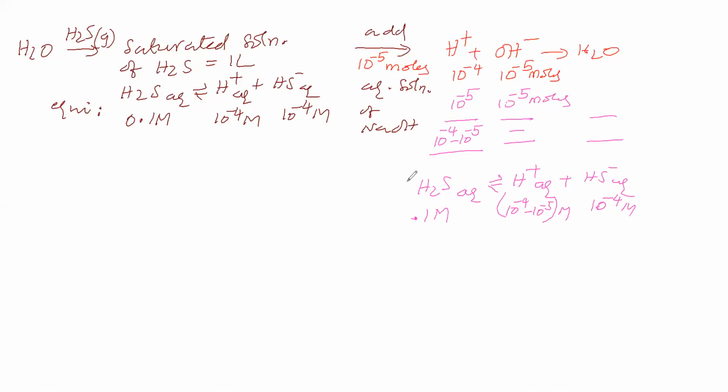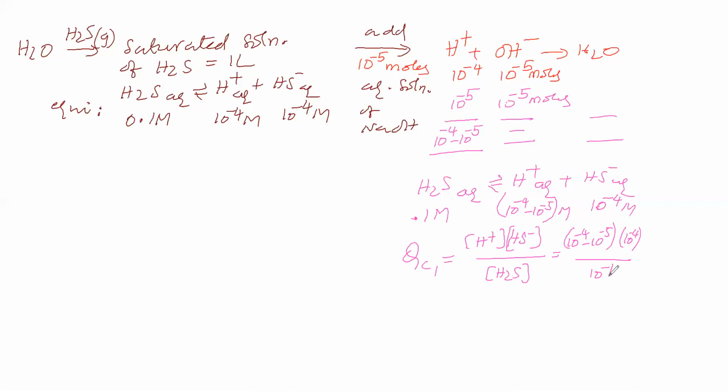Now we will see the QC value. QC1 is equal to right side concentration terms in the numerator, left side concentration terms in the denominator. Let us substitute the H plus concentration, HS minus concentration and H2S concentration.